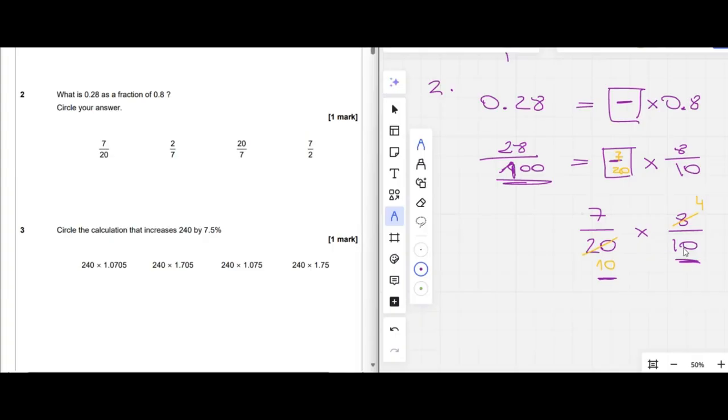From that multiplication by 10, we need another 10 to make it 100. So what would be at the top? 7 times 4 is 28 over 100. And this is exactly what we want. So the first fraction is correct.